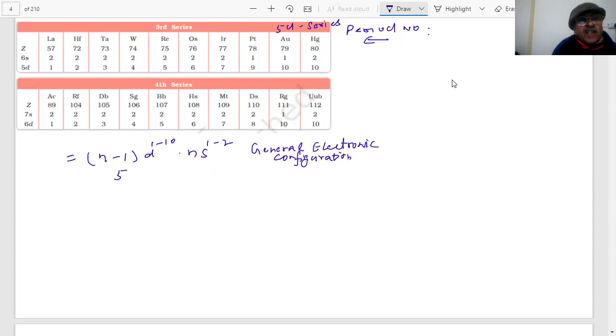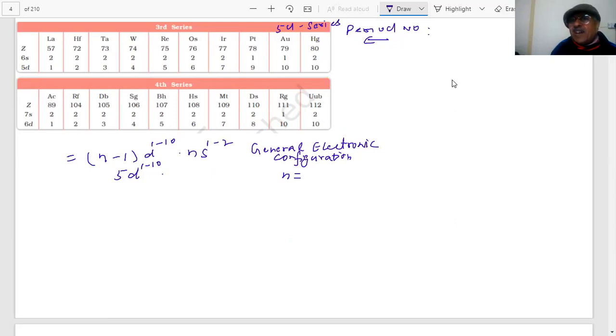And if it is 5D, what will this be? What is the value of N? 4? If it is 4, then it will become N minus 1, 3. If this is 5, then N minus 1 is 4.